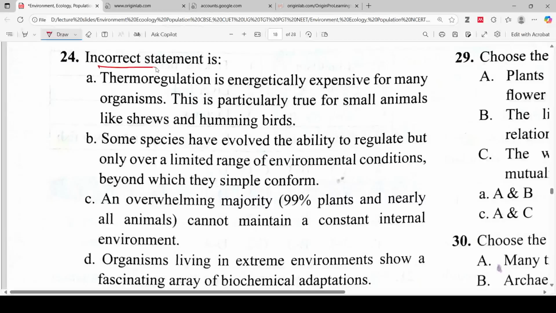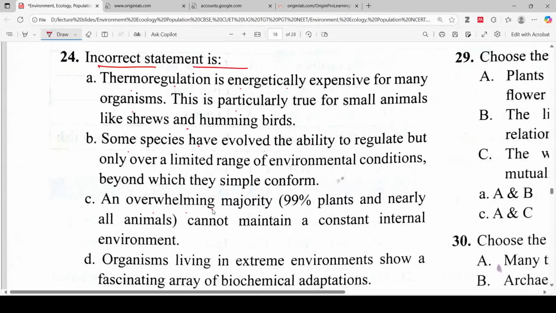Next question, incorrect statement. Thermoregulation is energetically expensive for many organisms. This is particularly true for small animals like shrews and hummingbirds. Some species have evolved the ability to regulate, but only over a limited range of environmental conditions beyond which they simply conform.